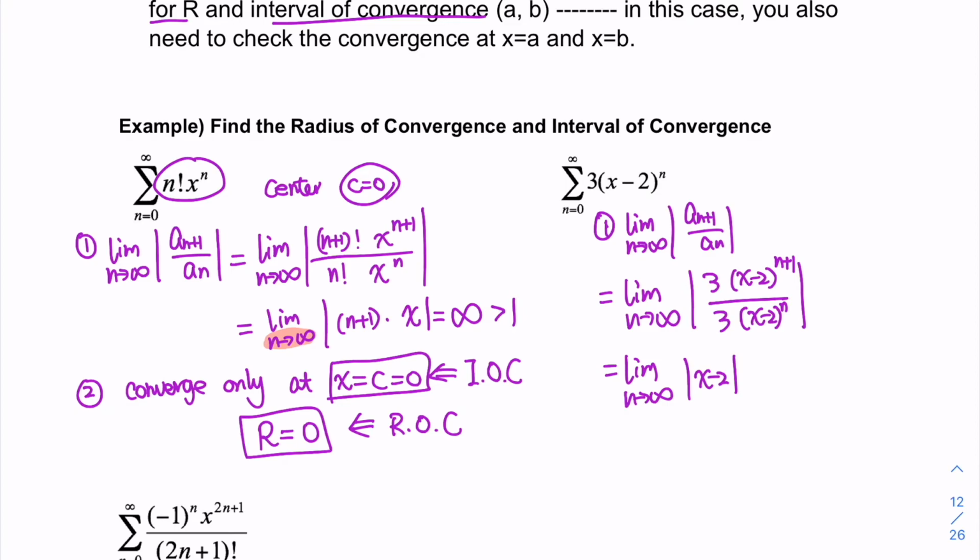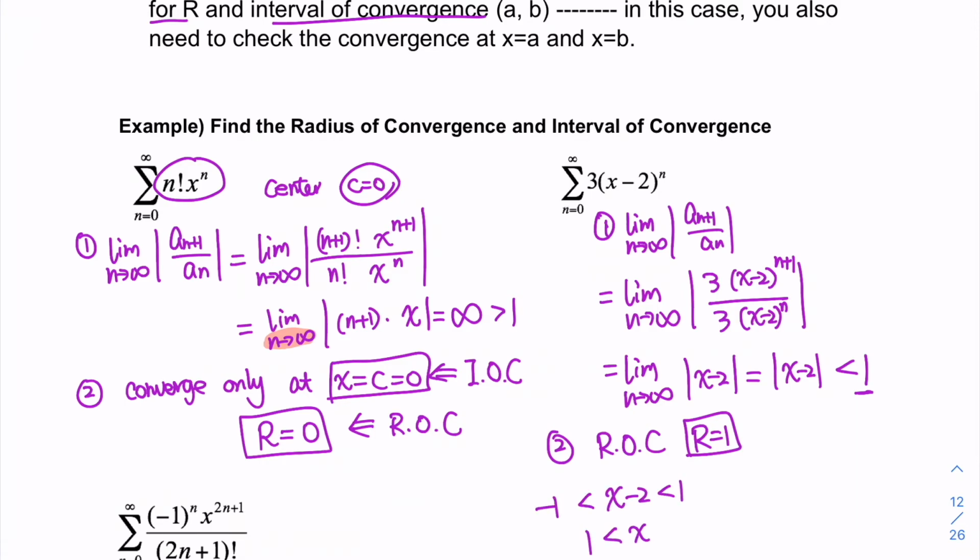As n goes to infinity, there is no n, so this stays the same. We set this less than 1. So from here, our radius of convergence, which is this number, r equals 1. And for the interval of convergence, we are going to solve this inequality. So x will be between 1 and 3.